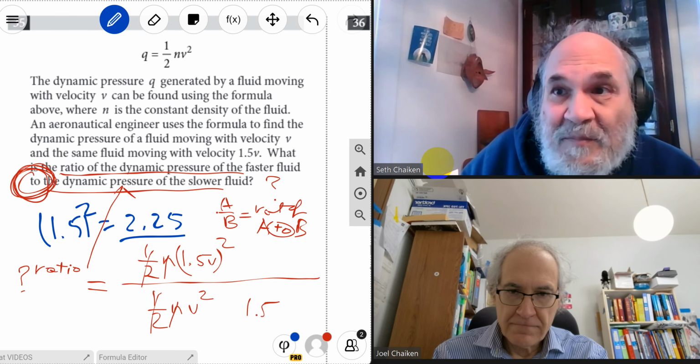So what is it? This is 1.5 squared times n times v squared, and in the denominator we have n times v squared.